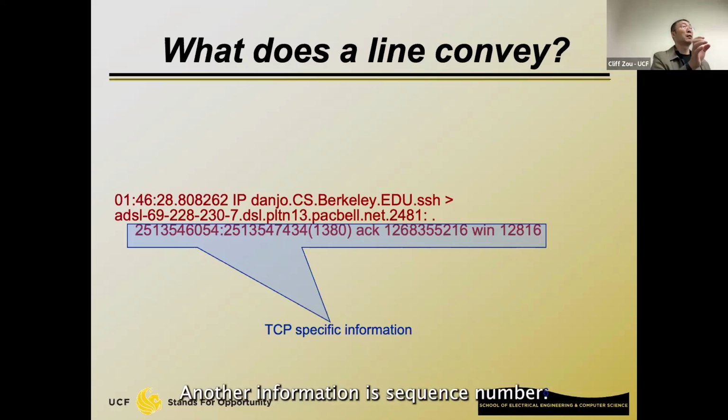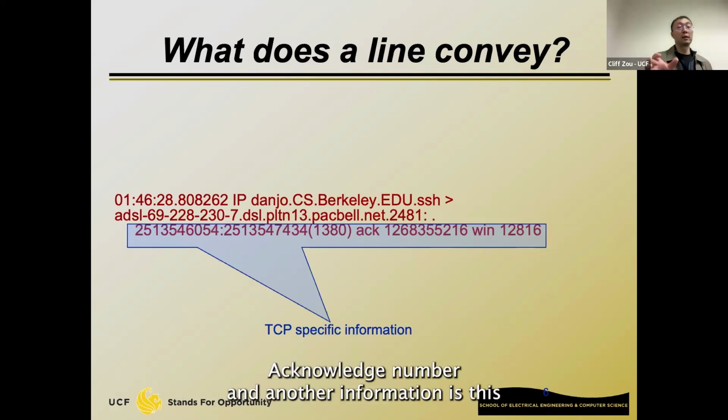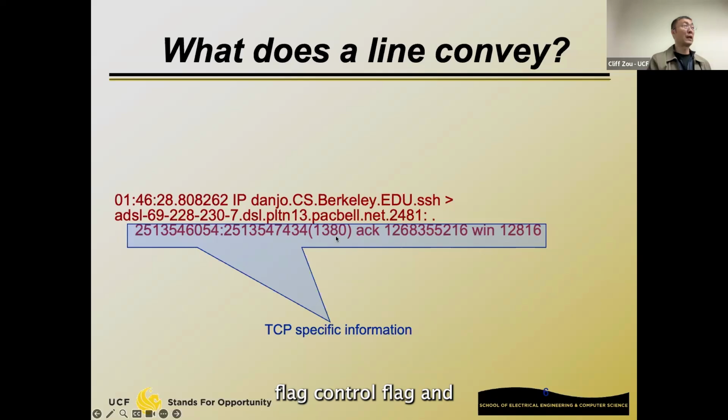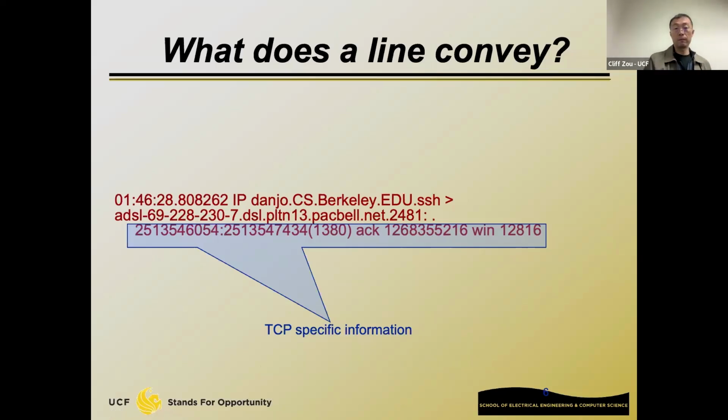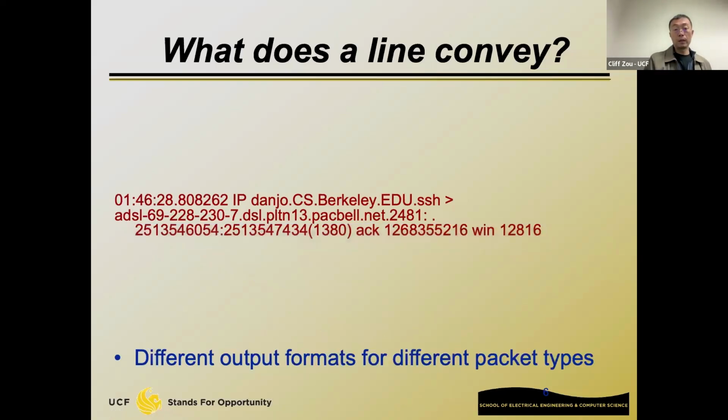Other information is the sequence number and acknowledge number. And another is the control flag and congestion window size. So those are the packet header information. There are different output formats for different packet types.